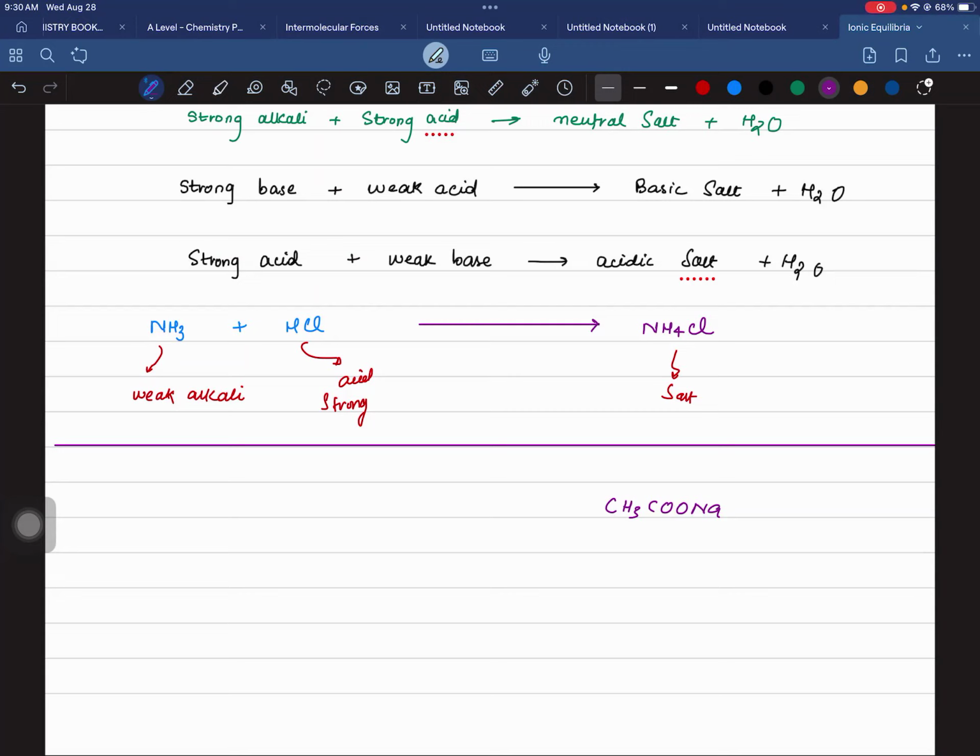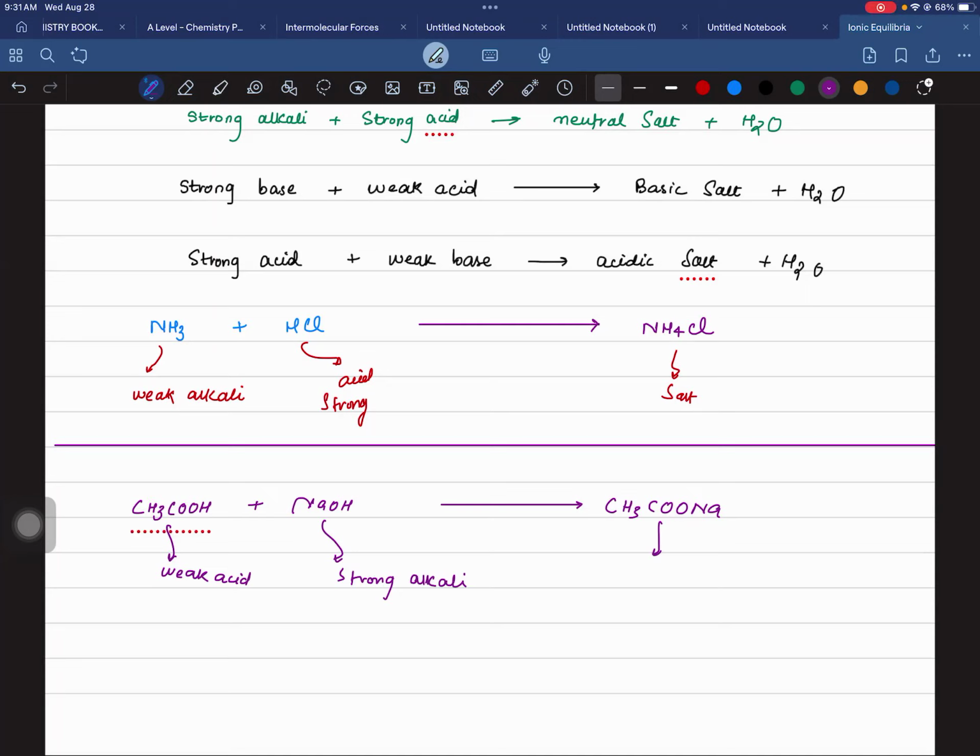It is a basic salt. So basically, it can be made by this ethanoic acid and this sodium hydroxide. Obviously, this is a weak acid. So the strong property would be dominant. So that's why this is a basic salt. This is an alkaline salt.